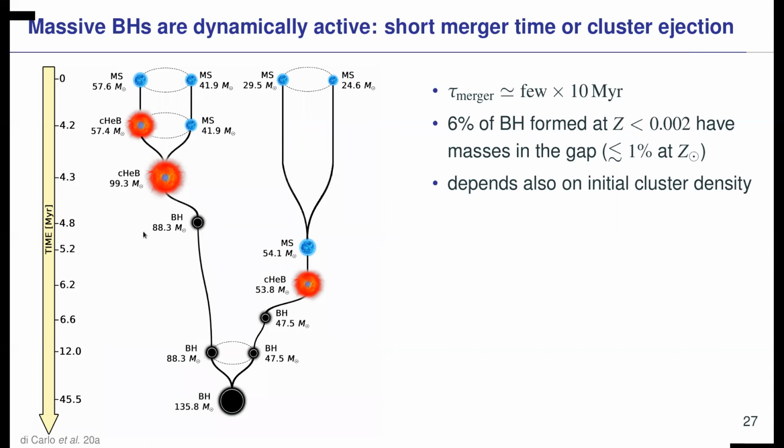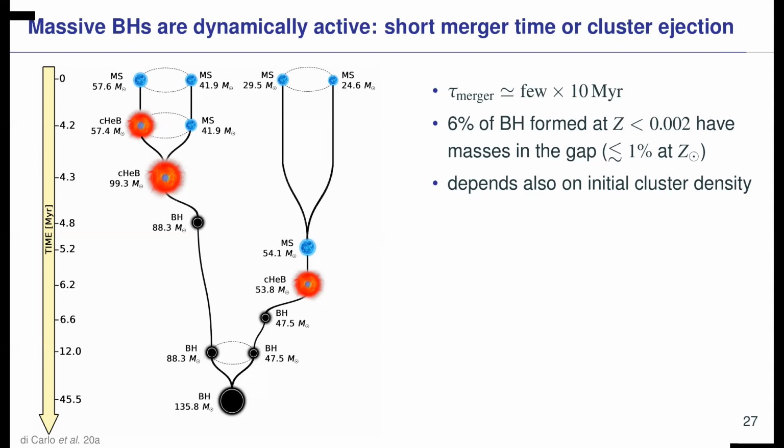And actually the key here is that very massive black holes sink very quickly to the core, and they can find very easily companions to merge with. In particular, you can see that in this cartoon, the whole delay time between the forming of the stars and the merger of the black holes is of order tens of mega years. So this is a rather rapid process.